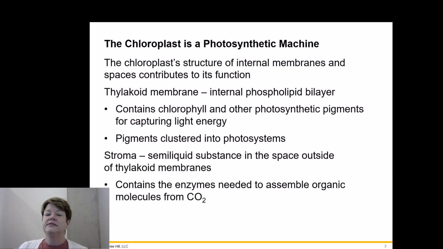So in the thylakoid membrane, you will have these chlorophyll and other pigments inserted into the membranes. And you have these clusters, like groupings of pigment molecules in certain areas of the membrane, and we call that a photosystem.